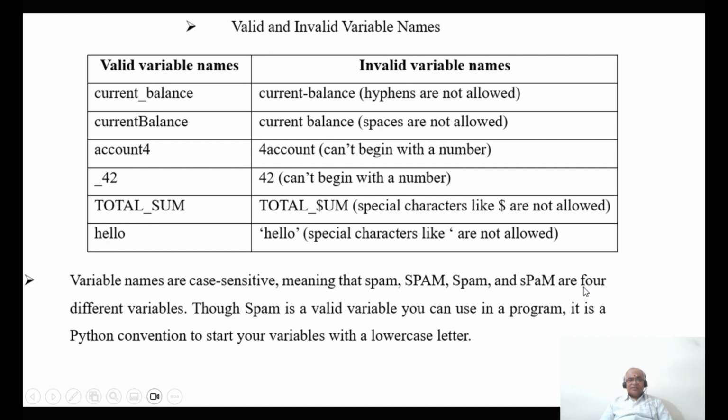These are 4 different variable names. Though capital SPAM is a valid variable name you can use in a program, it is Python convention to always start your variables with a lowercase letter.